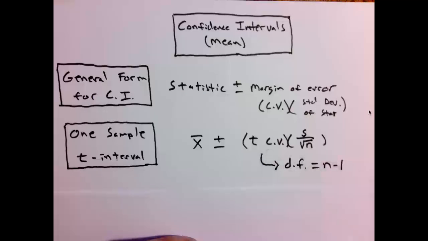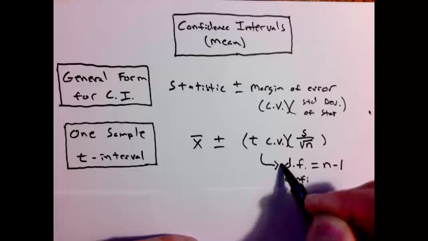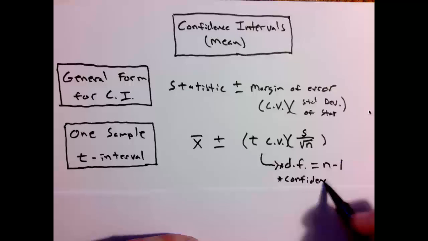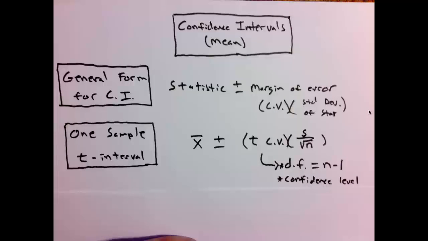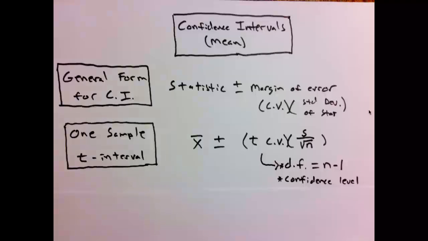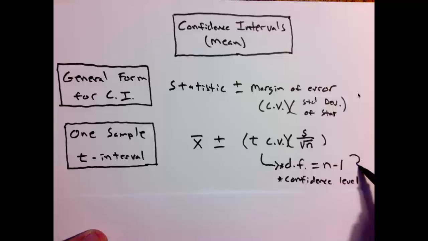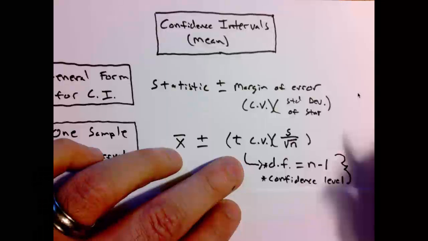Also, it's going to be based on our confidence level, that is, are we seeking a 95% confidence level, a 90% confidence level, whatever it may be. With these two pieces of information, we're simply going to reference a table, as they stated in the video.